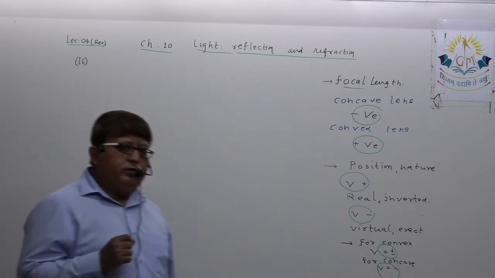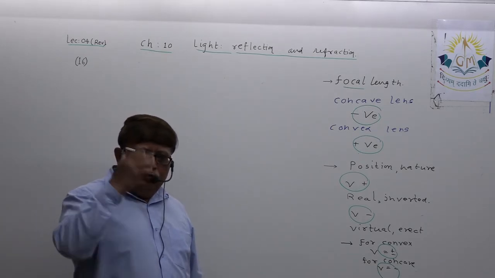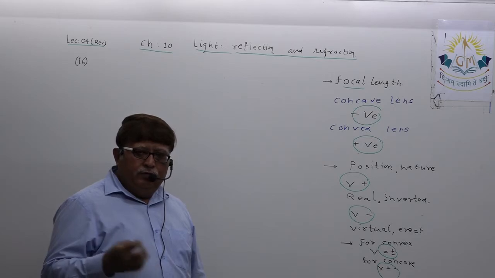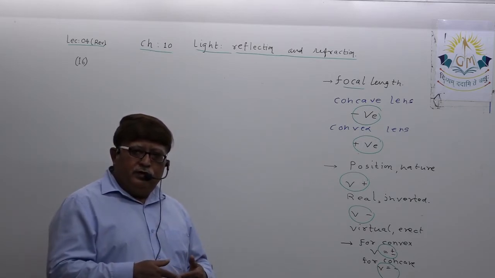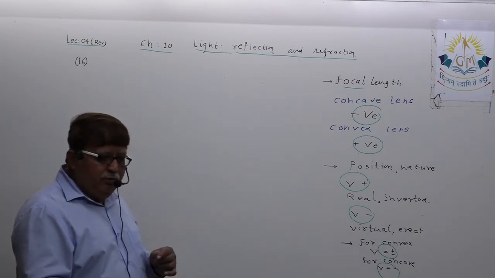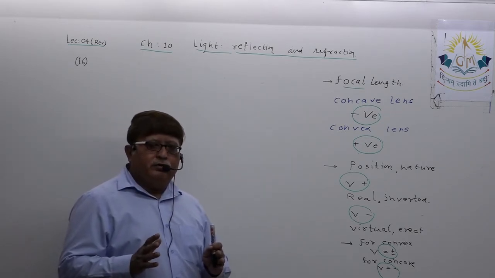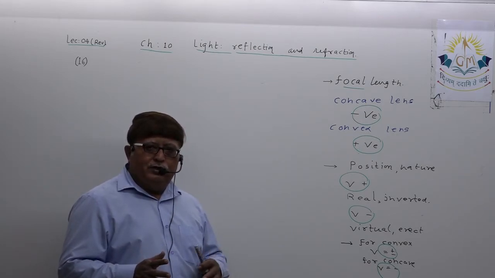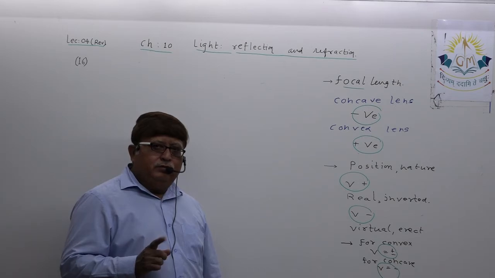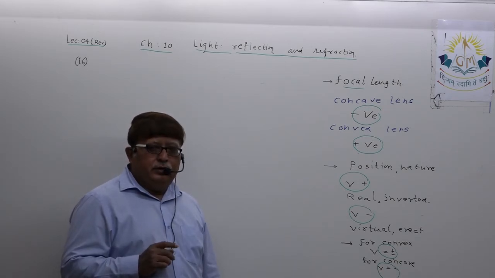The magnification produced by the lens. Note down important points, dear student. In this PDF, I have made a few examples from your textbook and a few from other references. What I need to mention as important points for you is that you need to be conceptually very clear when you solve any particular example.